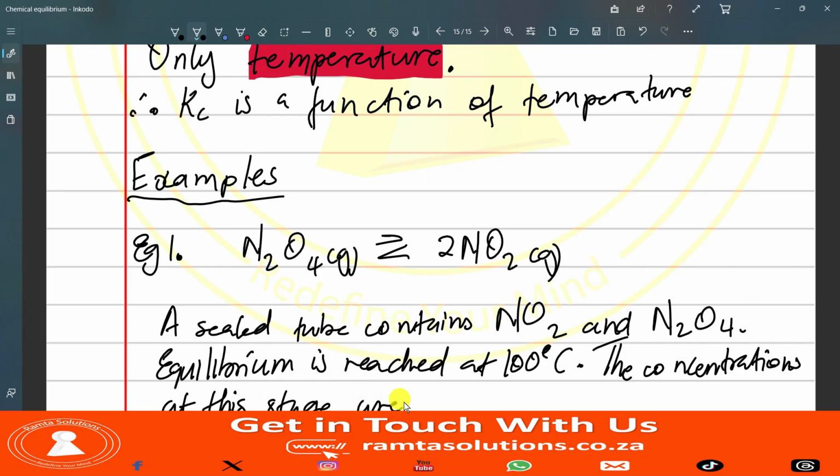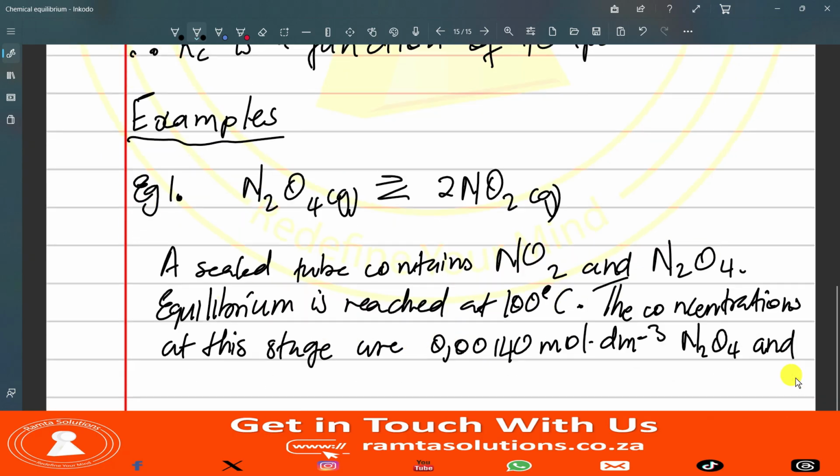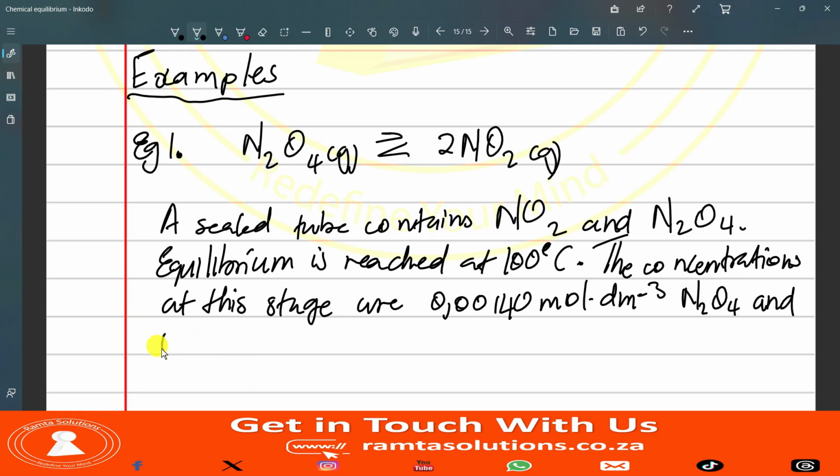are 0,00140 mole per cubic decimeter N2O4 and 0,0172 mole per cubic decimeter for NO2.